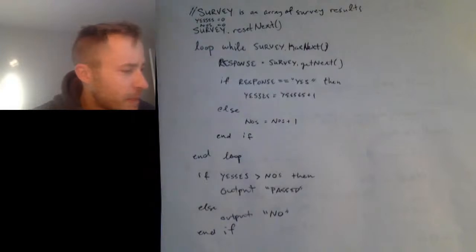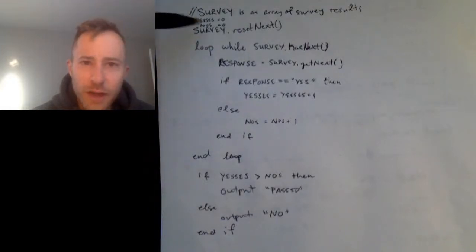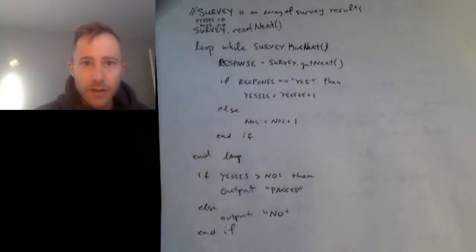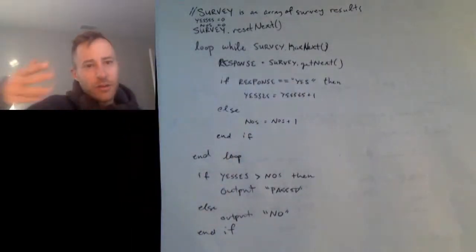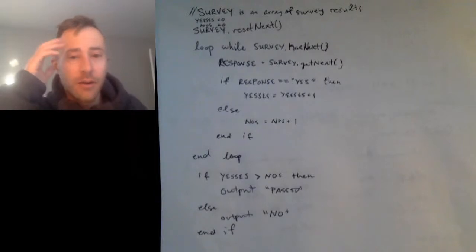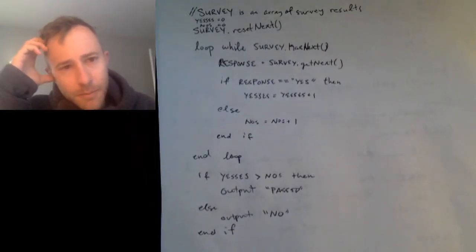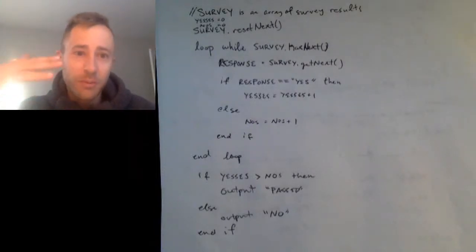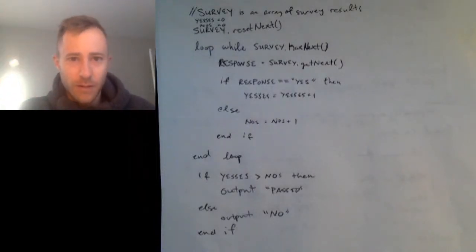Let's suppose that survey is an array of survey results. Each element of the array is either yes or no, and what we're trying to figure out is, does the survey pass? Do more people say yes than no or not?